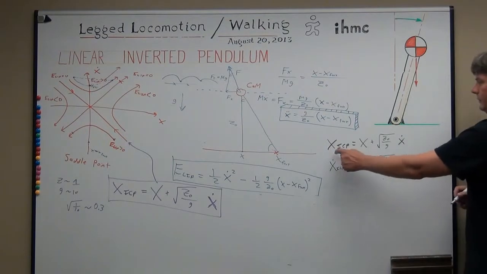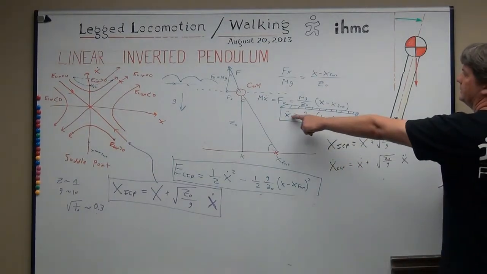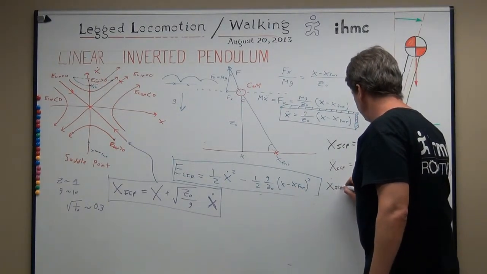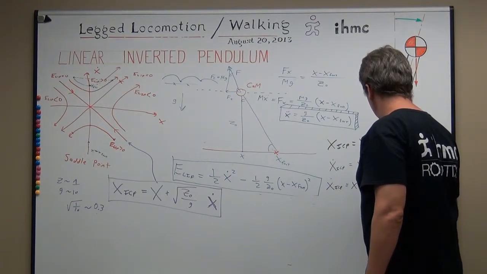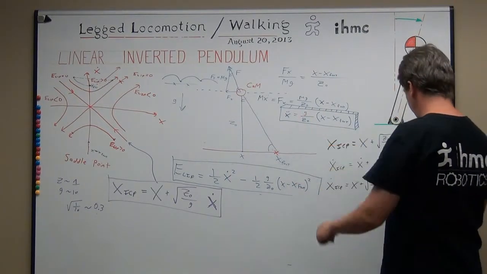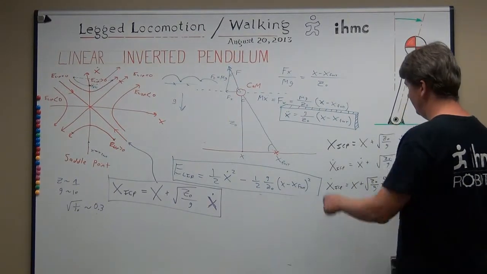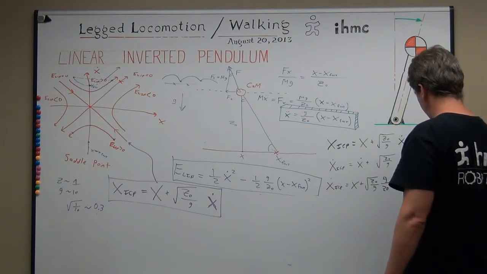I just said the derivative of that is the derivative of that plus the derivative of that. Now we can plug x double dot back in. X dot ICP is x dot plus square root of z naught over g times g over z naught times x.